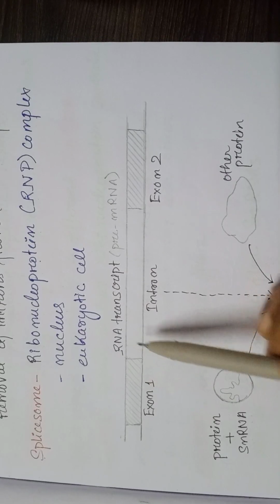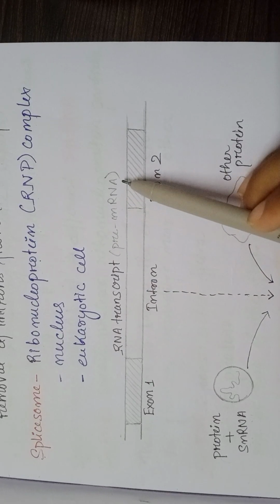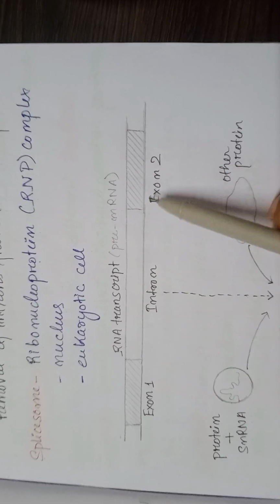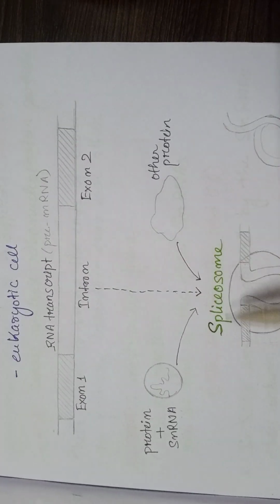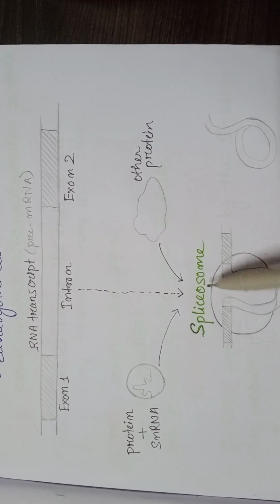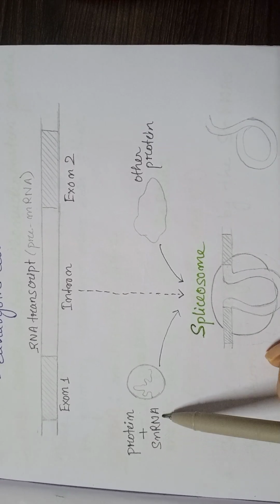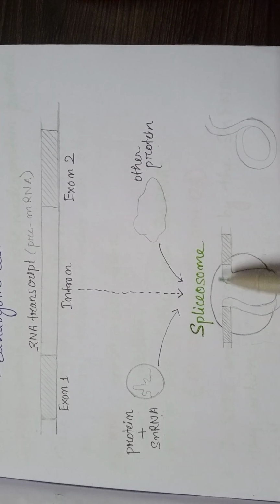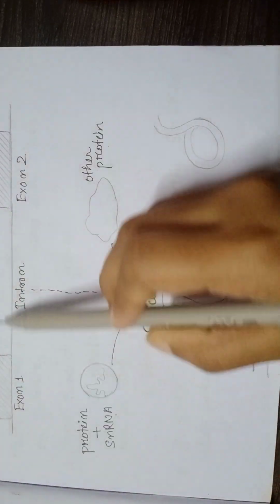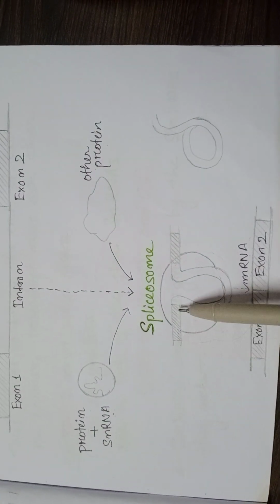See in this diagram, this RNA transcript or the pre-mRNA has both introns and exons. And what does the spliceosome do? It makes a complex with protein and snRNA and other proteins.